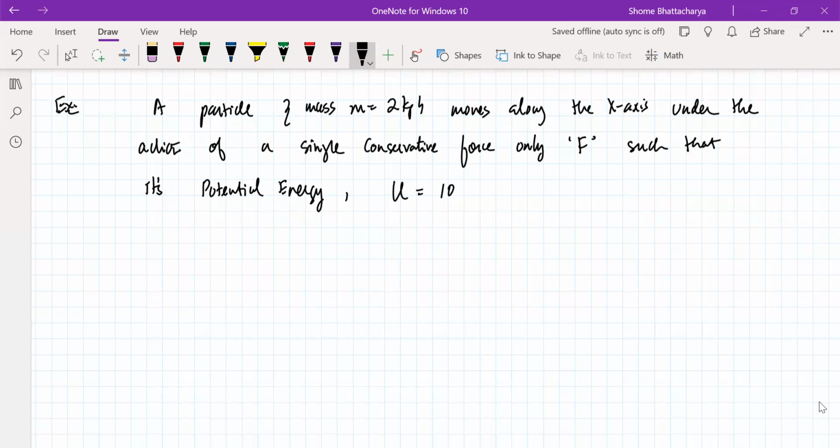Let's say this is the potential energy function. U is in joules, whereas x is in meters.